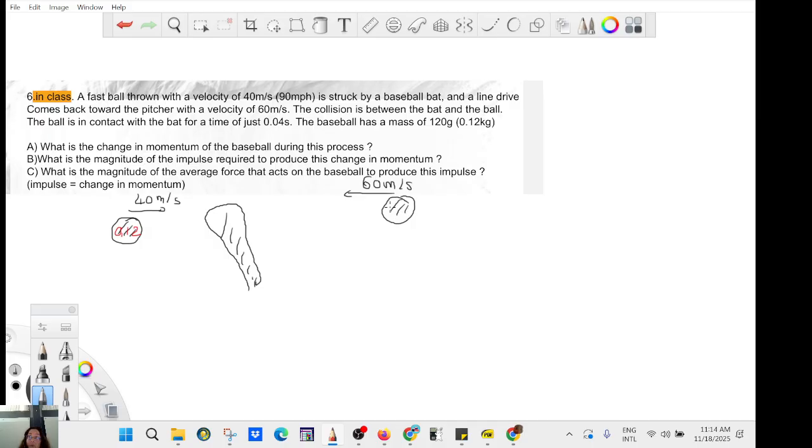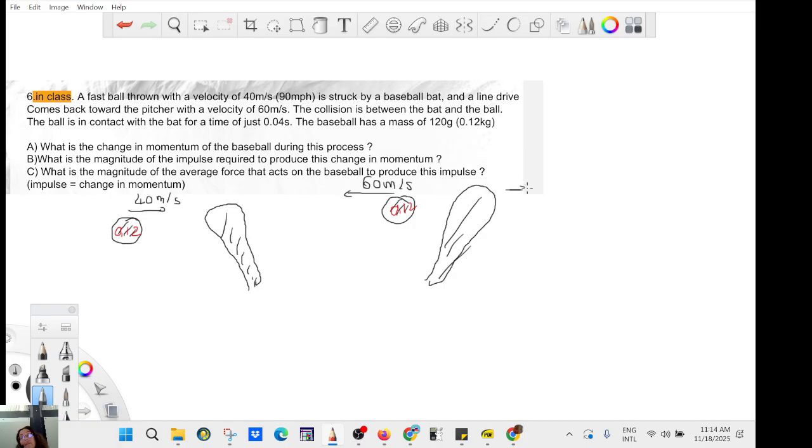Okay, there is a transfer of momentum. Kinetic energy has increased here and the momentum has increased. So if this one has increased its momentum, that means that the momentum from the bat has decreased, right? So that means there is a recoil.